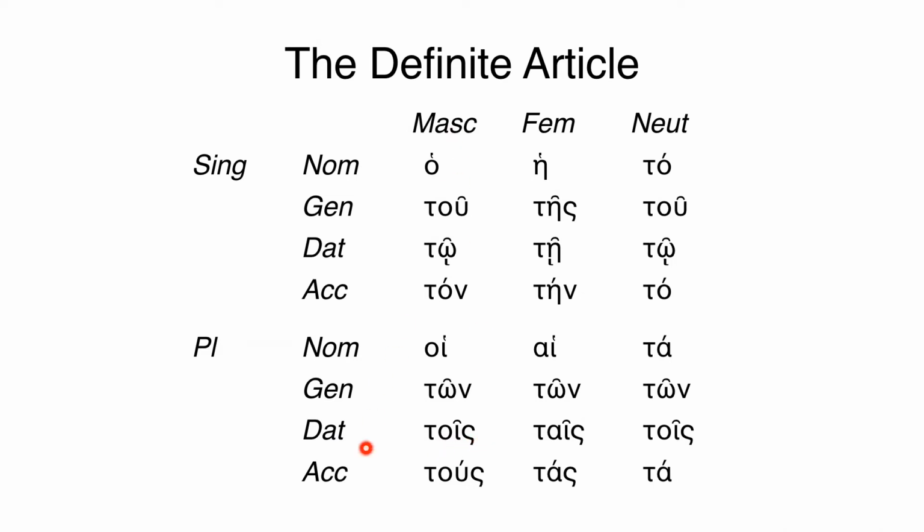The masculine plural accusative is tous. So all of these forms that we've just looked at are masculine versions of the Greek article, both singular and plural, running through the four major cases. All of these would be translated in English as the.